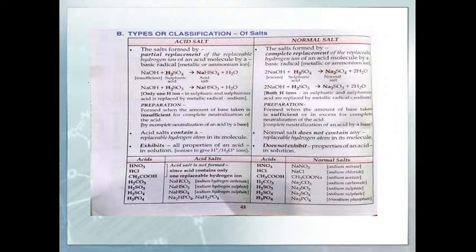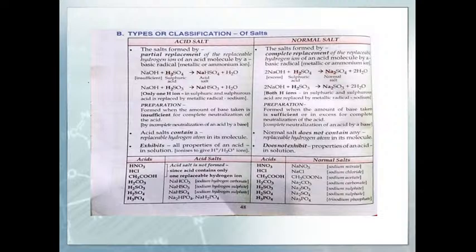So the salt which we will get will be a normal salt and the pH will be equal to 7. Okay, so we can learn some examples. If it is a salt of nitric acid, you please remember one thing, monobasic acids will always form a normal salt.